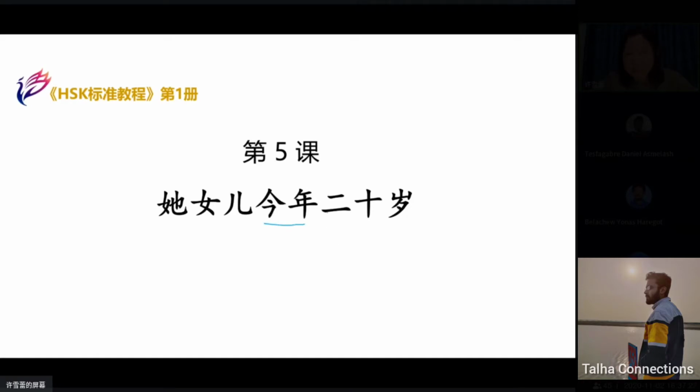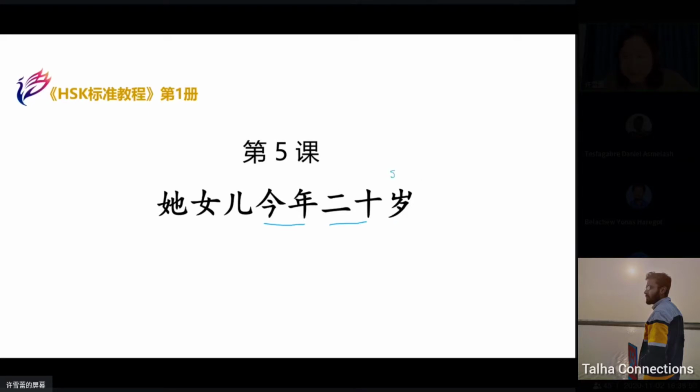Now look at this one. Do you recognize this? Yes, 二. Now what about this character? 十. Yeah. So the combination, guess 20 is what? Very good. 20. Yeah, 20. Now, next one. This is read 岁.